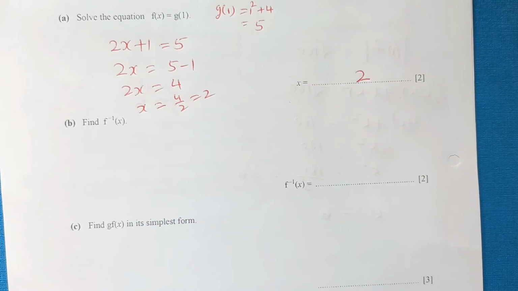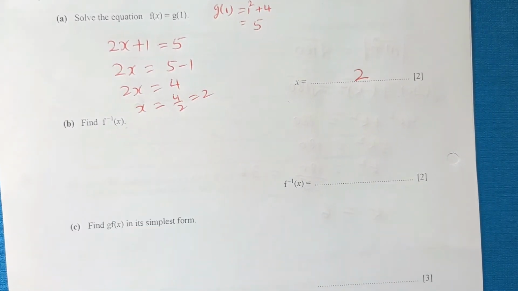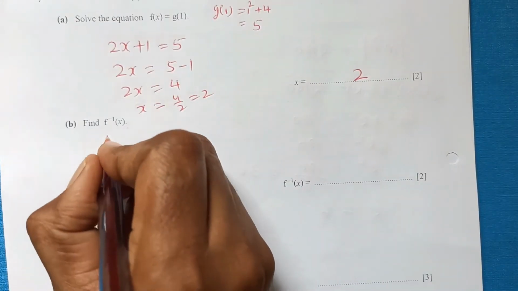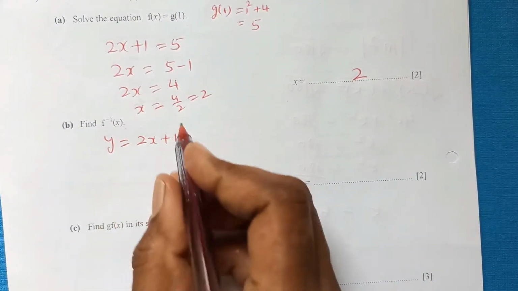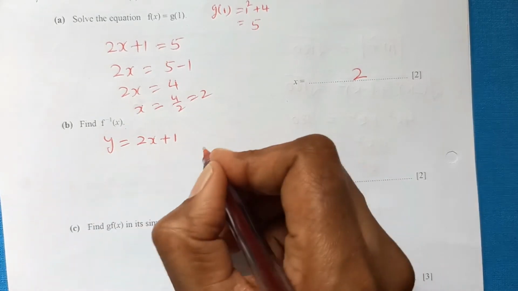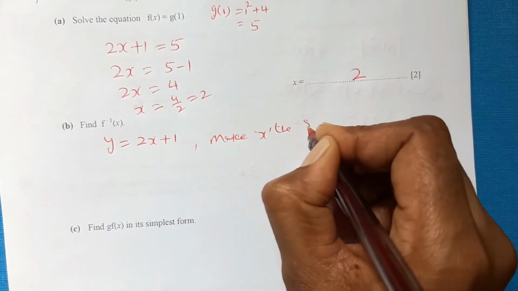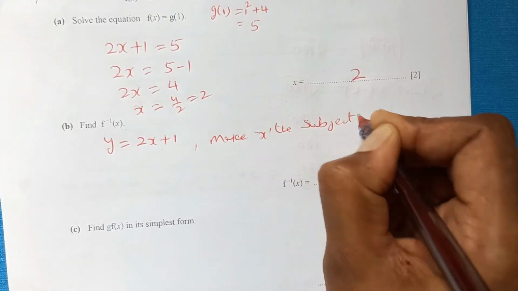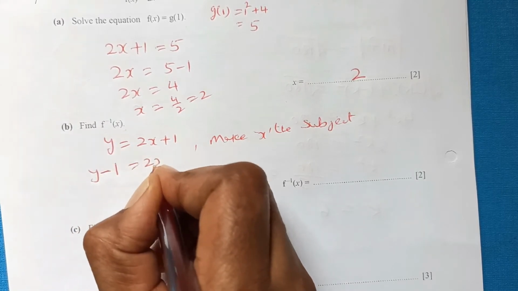Now part B, f inverse x. To find f inverse x, first replace f(x) by y. y is 2x plus 1. Then make x the subject. So it is y minus 1 equals 2x.